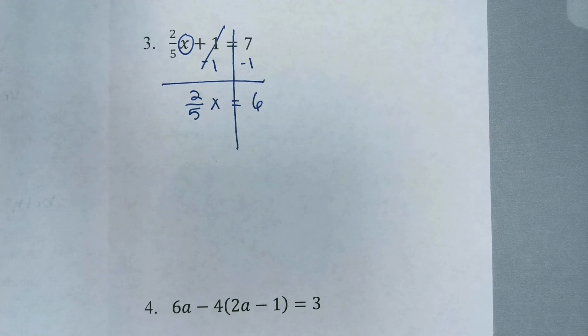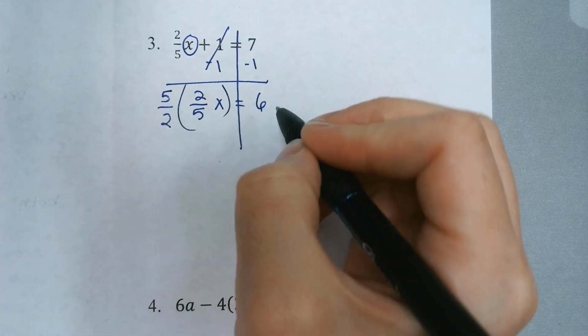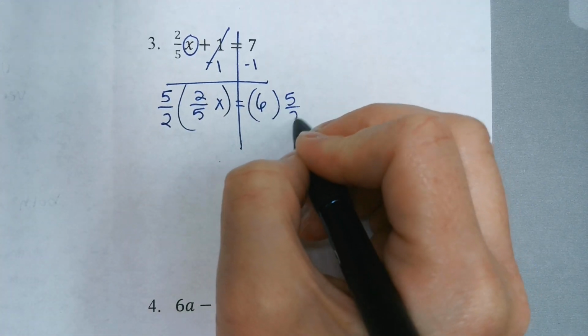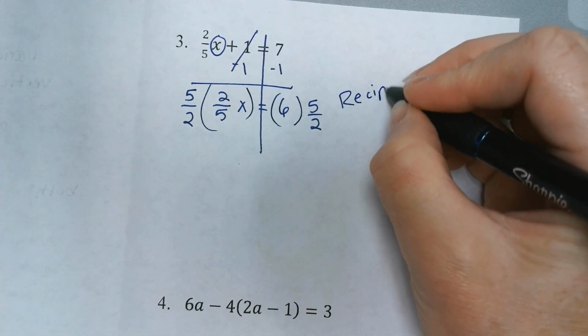And now we have a fraction times x. To get rid of that fraction in front of x, we do the reciprocal. We're going to flip them. So we're going to multiply times the opposite. 5 over 2 times 5 over 2. It's called the reciprocal. That's my favorite word.